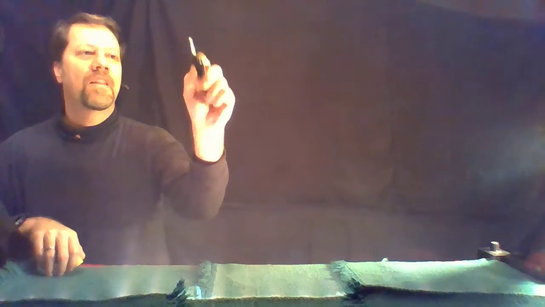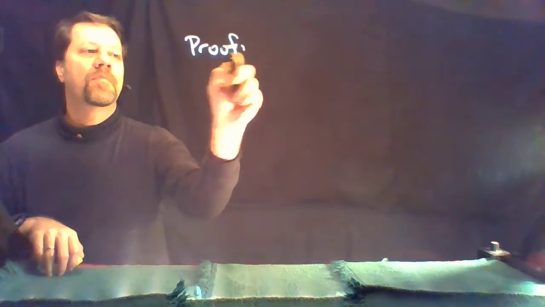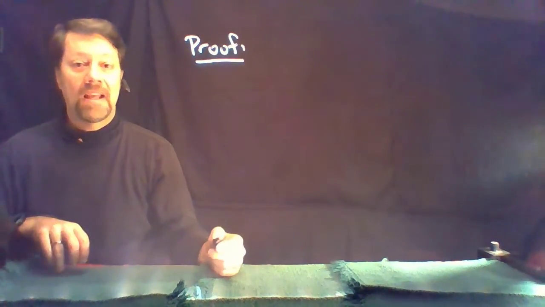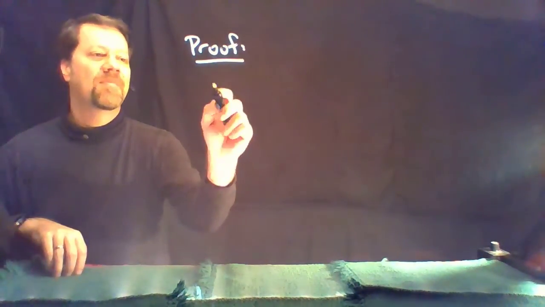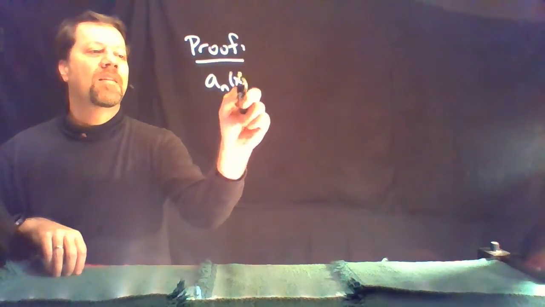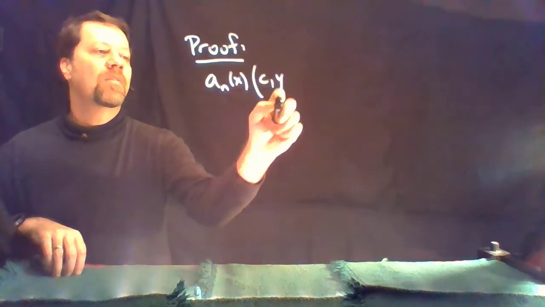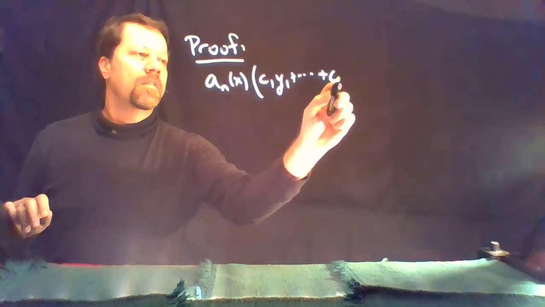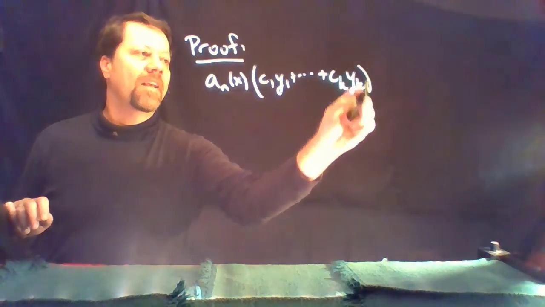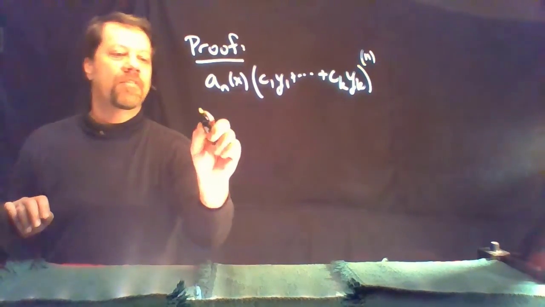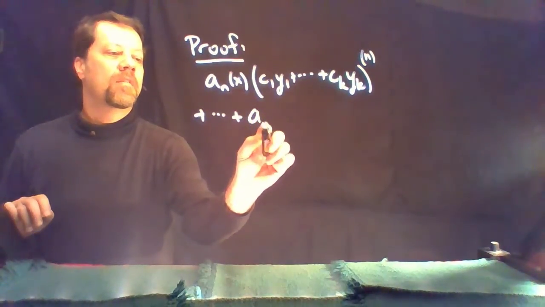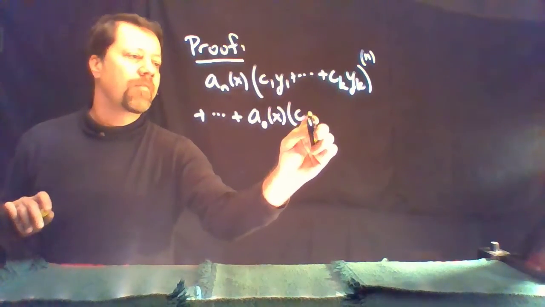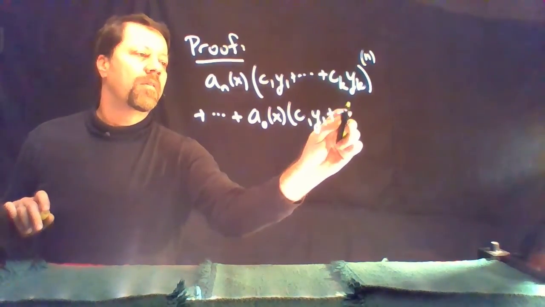The proof is fairly straightforward. You just plug the linear combination into the differential equation and rearrange the terms and see what happens. So we'll have c1 y1 through ck yk, the nth order derivative, all the way down to the constant, well, the 0th derivative term.